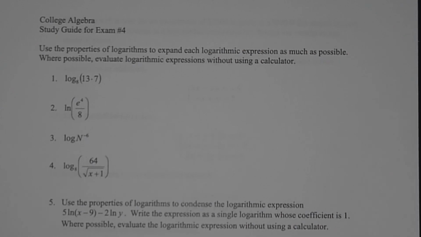So in this case here, for problem number one, we have log to the base 8 of 13 times 7. And we want to expand this as far as we possibly can.